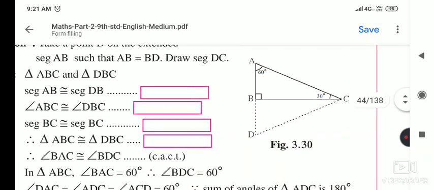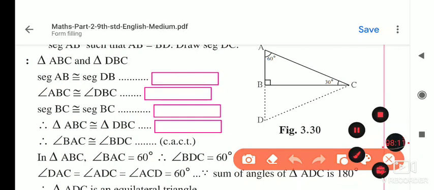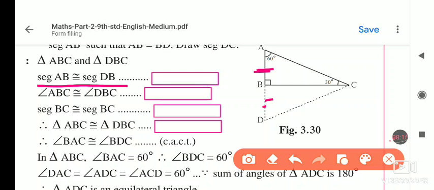First of all, we will write here step by step how it is given. First, AB is congruent to DB. What do we have to write in the box? It is from the construction.